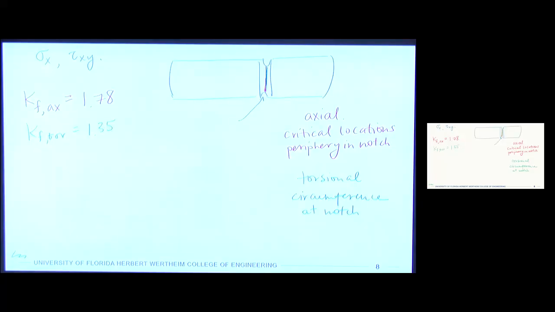And now we need to calculate these means and amplitudes. Let's do the axial ones first. They're similar to our other ones, but our maximum load is half, so our mean is half. Sigma x mean, we don't have to modify at all. It's just 2,500 pounds divided by our area, so that's 19.9 KSI.